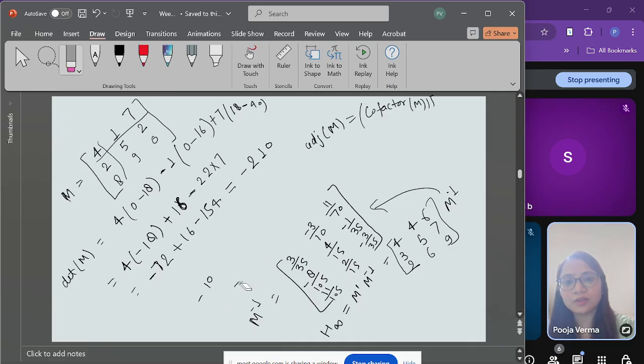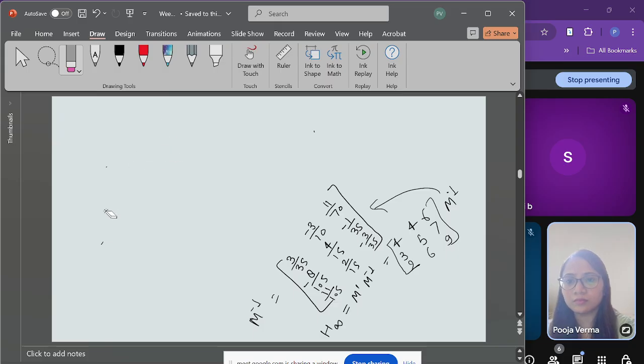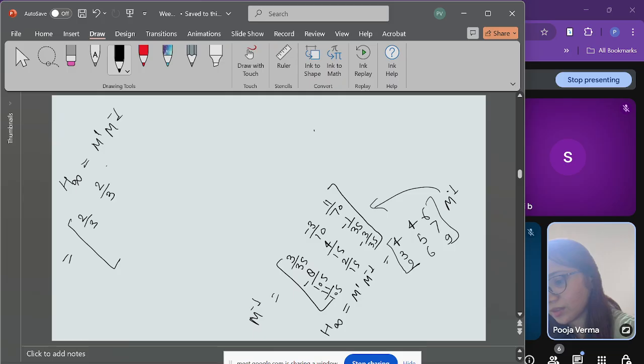Okay, just multiply these two matrices, M dash and M inverse, which is written here. So I am just writing these values here. Here you will get 2 by 3, here again 2 by 3. Just check with this one, because here it is minus 3 by 35, 3 by 10.